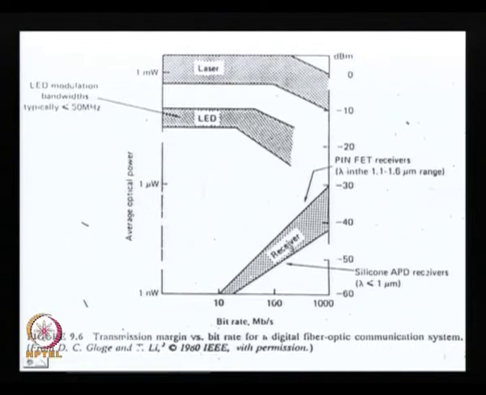If we use the simple PIN diode or the APD, avalanche photodetector, then there is the kind of power range which you would need. So, if you go to about 1000 megabits per second, you will require a power of something like minus 40 dBm, whereas if you go to 1 gigabits per second, which is 1000 megabits per second, you would require power about minus 30 dBm.